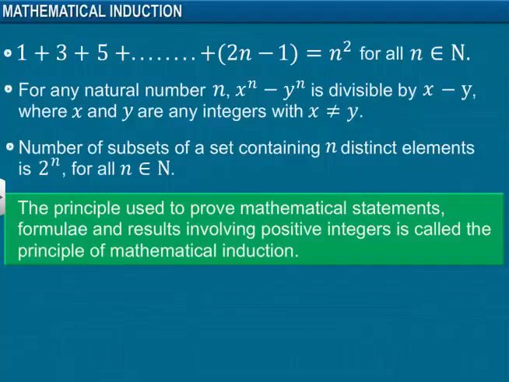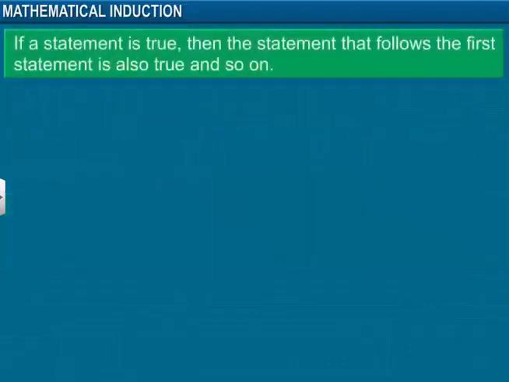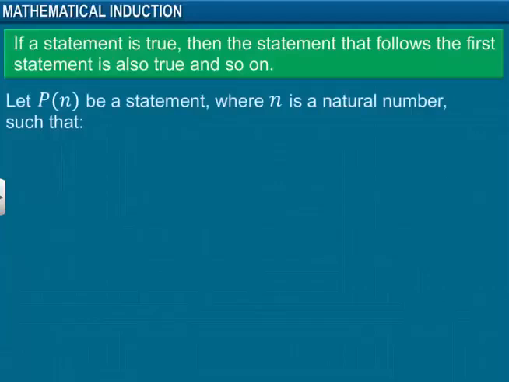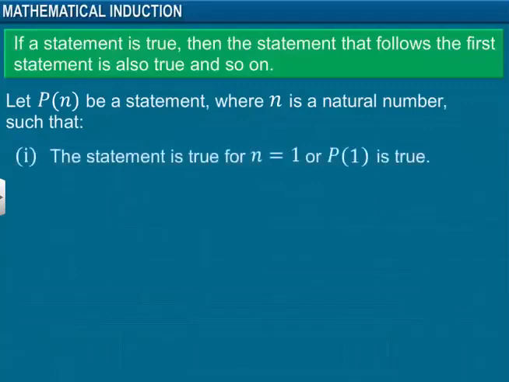To prove mathematical statements through the induction method, we must follow certain principles. The basic principle behind mathematical induction is that if a statement is true, then the statement that follows the first statement is also true, and so on. Consider a mathematical statement P of n involving natural number n, such that the statement is true for n equal to 1. Or in other words, P of 1 is true.